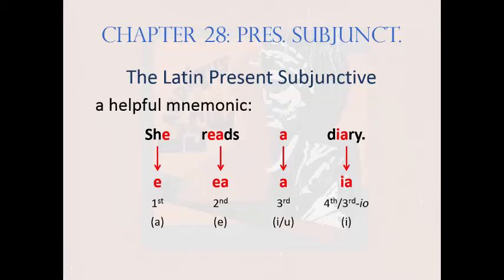So, for instance, change the thematic vowel in a first conjugation present tense verb from a to e, and you've turned the verb from present indicative to present subjunctive. If it's second conjugation, change it from e to ea. In third, i or u to a, and in third io or fourth, turn the normal thematic vowel i into ia.